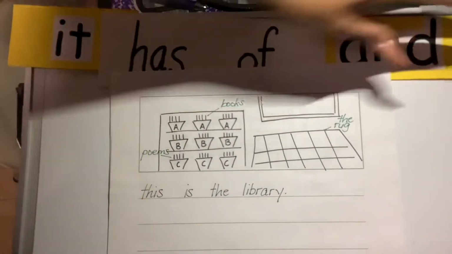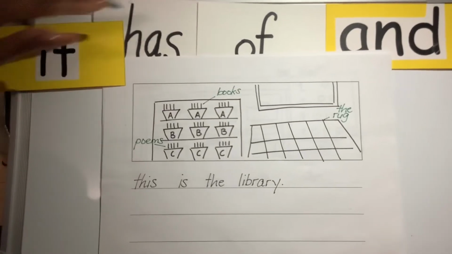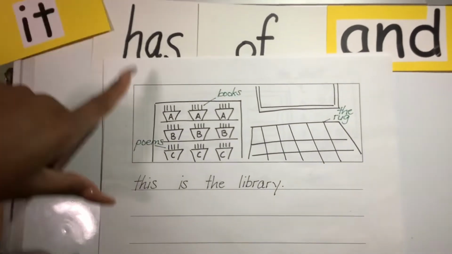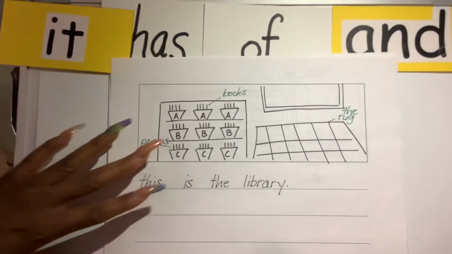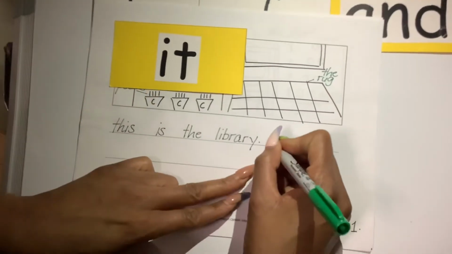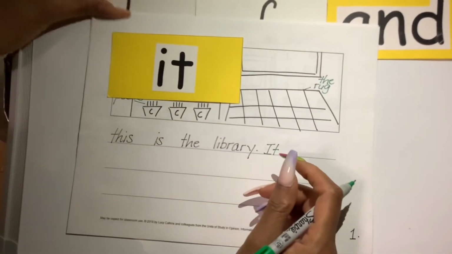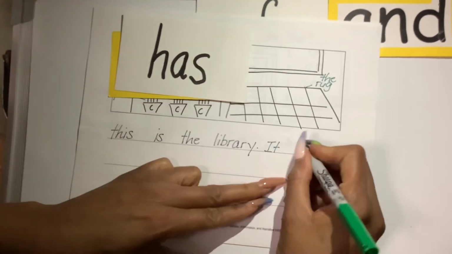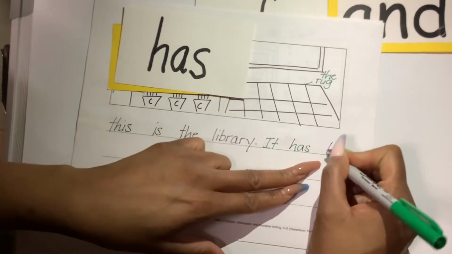Remember, I want to add more sentences to each page. And I have these sight words ready. And I wanted to say, it has lots of. So I'm going to put it. Remember, it has lots.